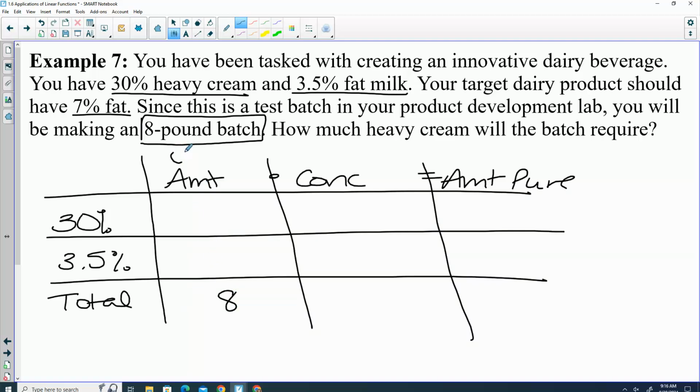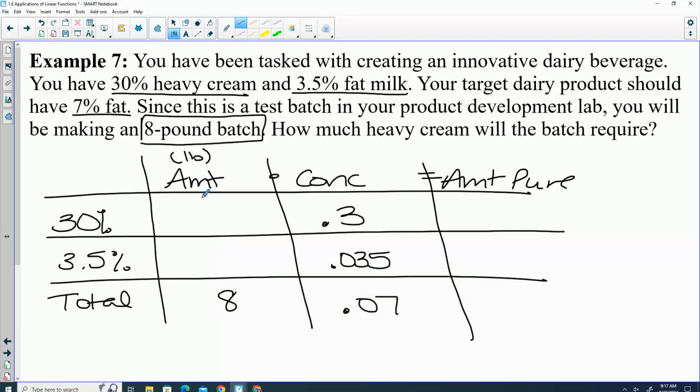So in this problem, the amount is measured in pounds, but it's my total that I gave you. So a little bit different. 30% would be what concentration? 0.3. 3.5% would be 0.035. And my total was 7%, so that is 0.07.